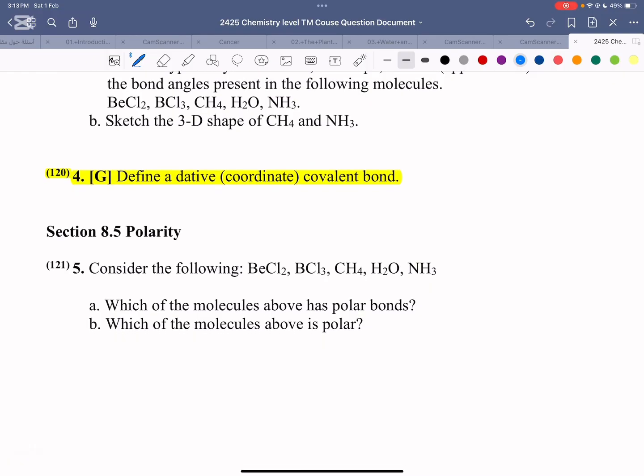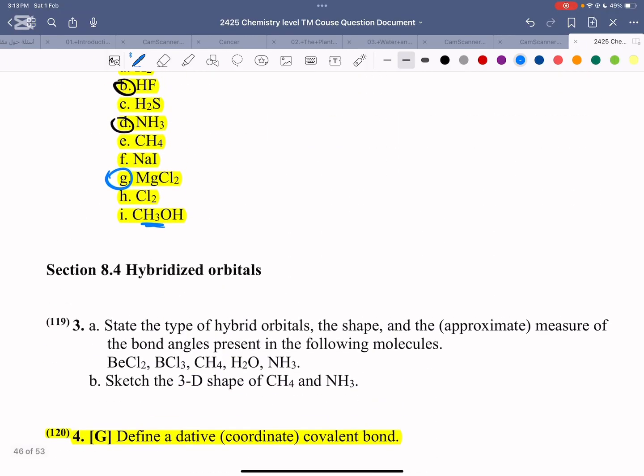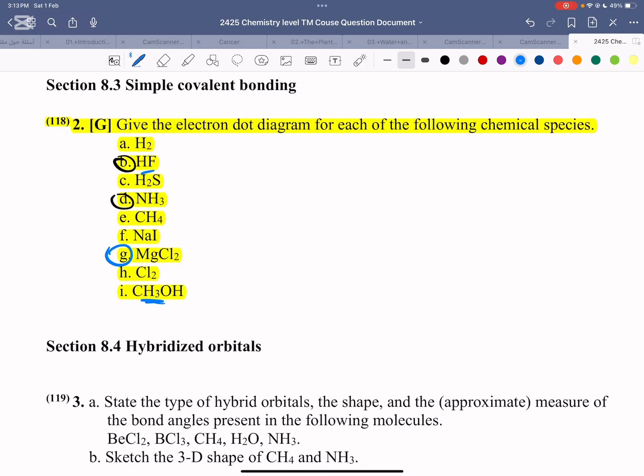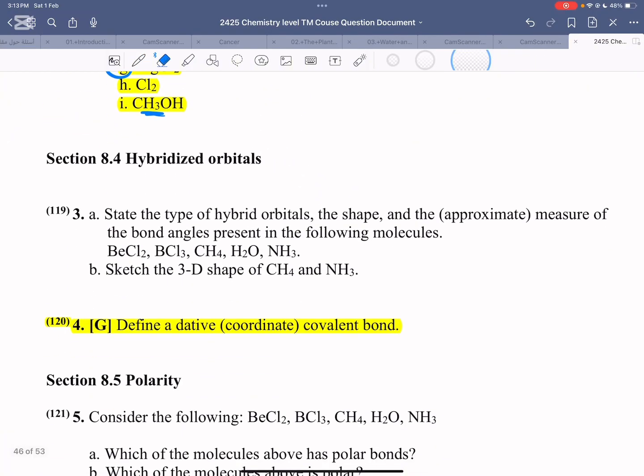So this is another type of covalent bond where only one atom contributes the pair of electrons to bond with the other atom. As we saw in these examples, HF for example, hydrogen was sharing one of its electrons and fluorine was sharing another of its electrons. But a dative coordinate covalent bond will be like NH4 plus.